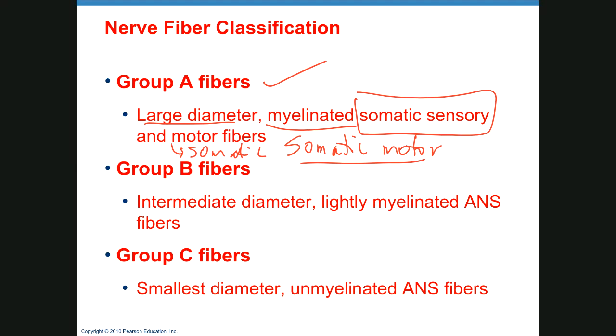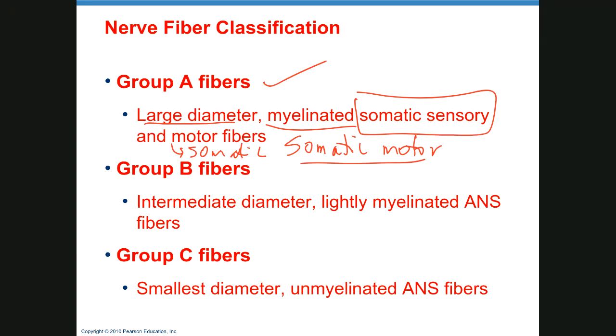By the same token, somatic sensory neurons are bringing information from the outside body, via the eyes and via hearing, which can be crucial information for survival. Because both somatic motor and somatic sensory are so important for survival, those neurons are large and heavily myelinated. Group B fibers are lightly myelinated and are intermediate in diameter.